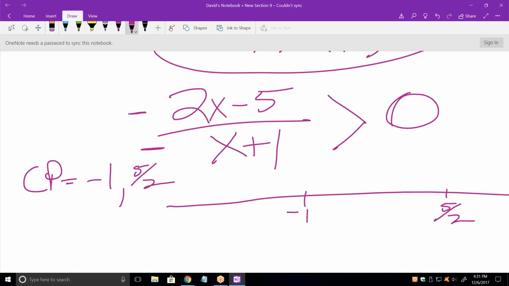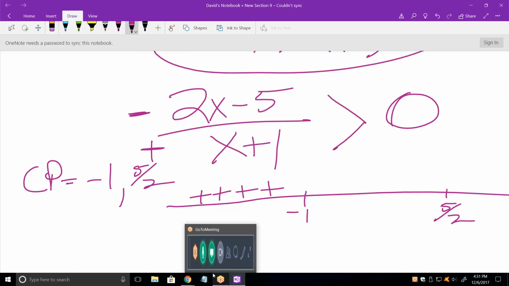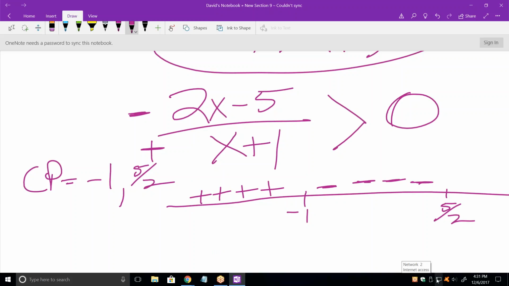Positive. Okay. Now pick a number between -1 and 5/2. 0. Gives you negative numerator, positive denominator, negative in that whole area. Pick a number to the right of 5/2, becomes positive.